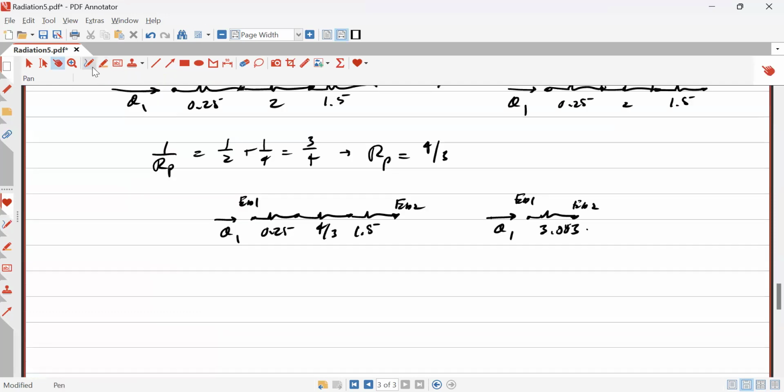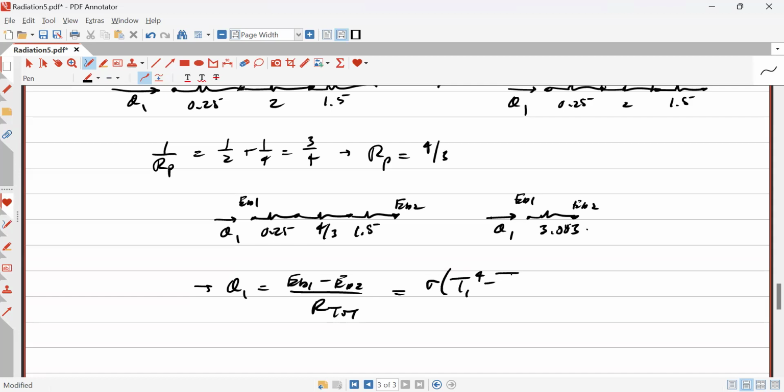So now we can solve for the heat flow Q1. Q1 is going to be EB1 minus EB2 over R total. So sigma T1 to the fourth minus T2 to the fourth, all over 3.083 inverse meters squared. And again, T1 we can plug in 1,000, and T2 is 500 Kelvin. So we get our result.